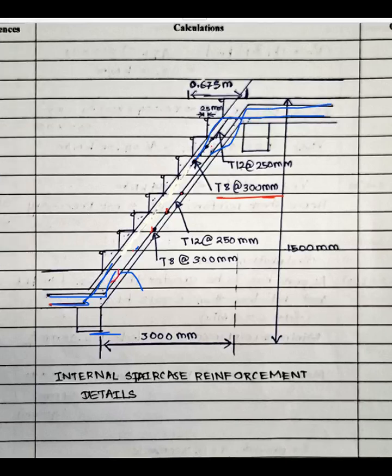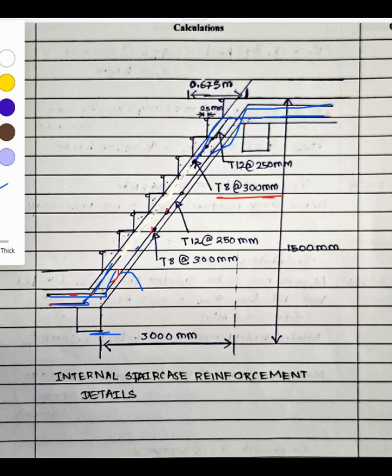The red color part all are in the distribution direction. And also we want to provide another bar in the corner area, like this way. We want to provide another small bar to connect to the bottom bars, the corner bars also. These are the typical internal staircase reinforcement details.